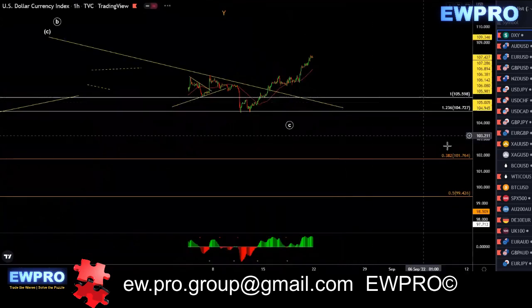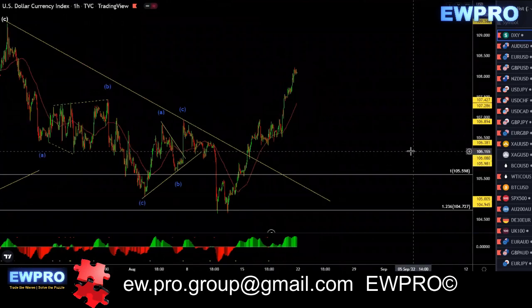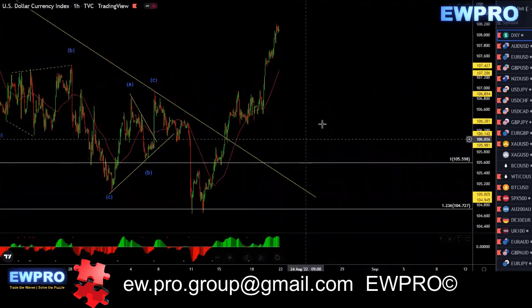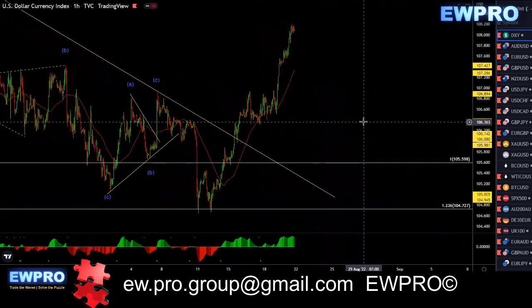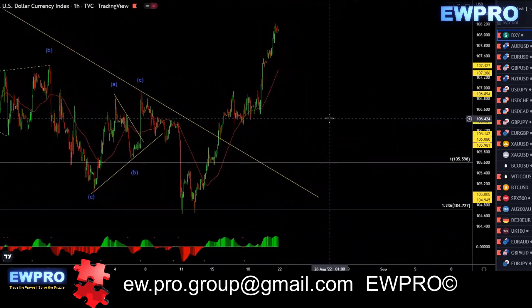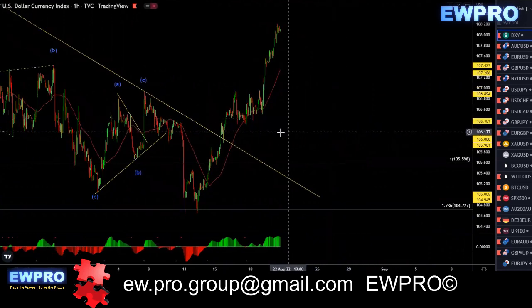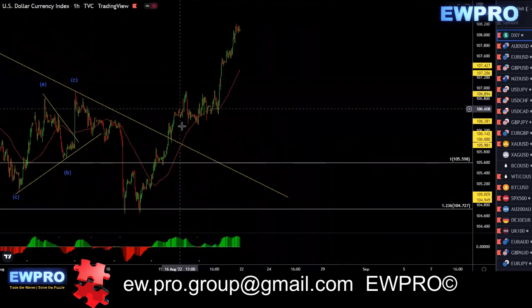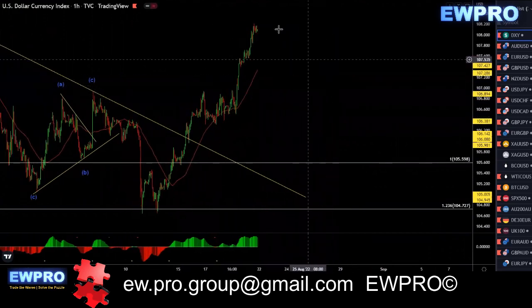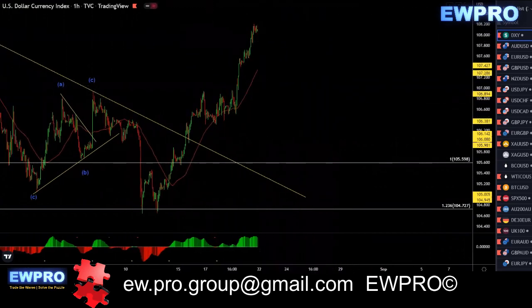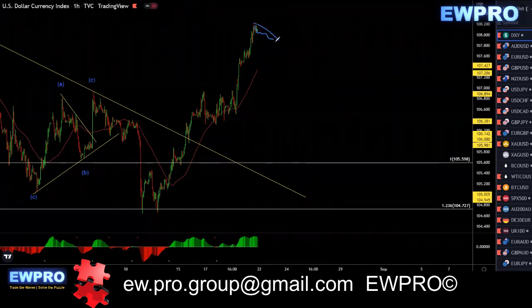On the H1, we don't have any bearish divergence, so you can look for a correction before you look for a buy. If you get little flags, you can buy flags, but they're really only scalps.